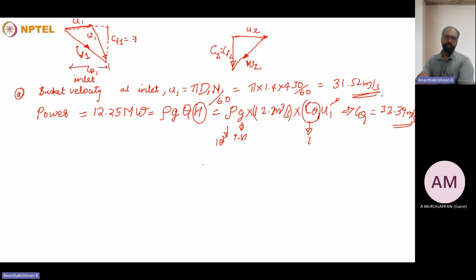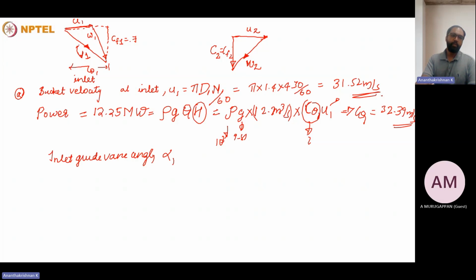The guide vanes can be adjusted in such a way that the angle of the guide vanes will be the same as the absolute angle with which the velocity enters the runner of the Francis turbine. So basically we need to calculate the inlet guide vane angle, that is same as alpha 1.